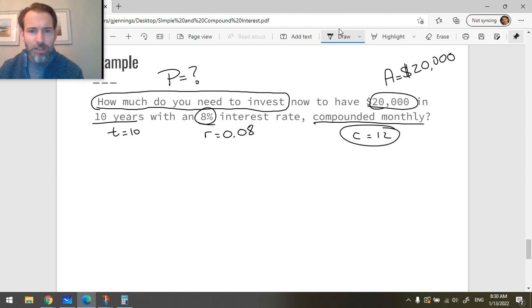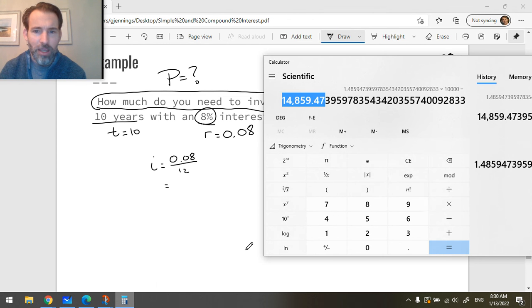All right, so now let's do our thing here. The interest rate that we're going to be earning over this time is R divided by C, so 0.08 over 12. We can just keep it as that if we really want to, or we can write this down as 0.00666 repeating, right?